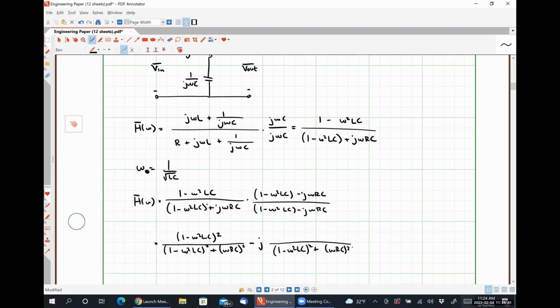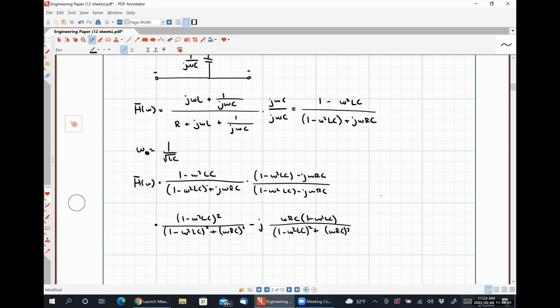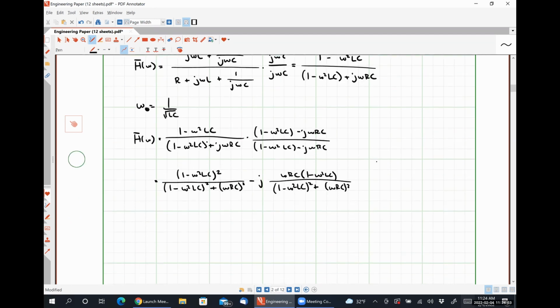And let's see, we're going to have negative j omega RC times 1 minus omega squared LC. So our magnitude is going to be the square root of the real part squared plus the imaginary part squared.